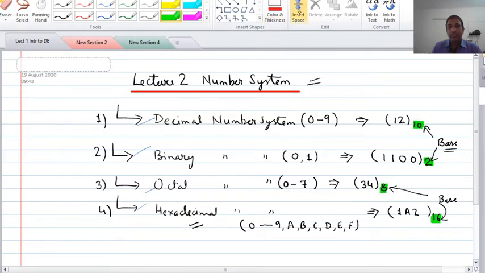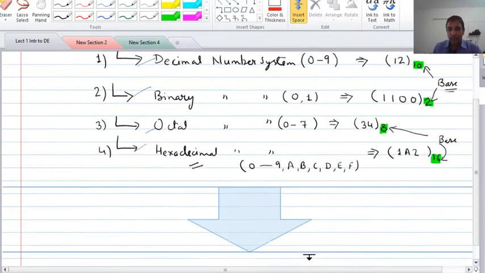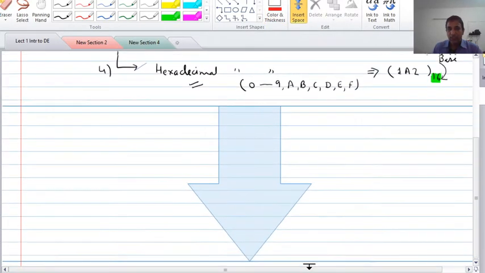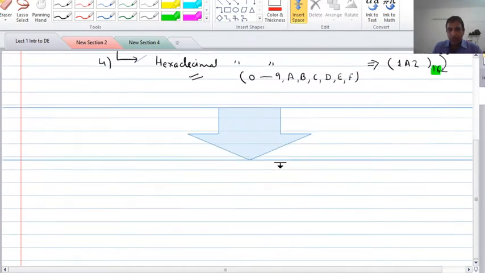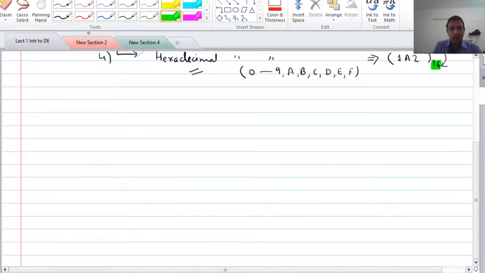Now let's start with the first one, the decimal number system. It is a very frequently used number system in the world, and you are also aware of it.